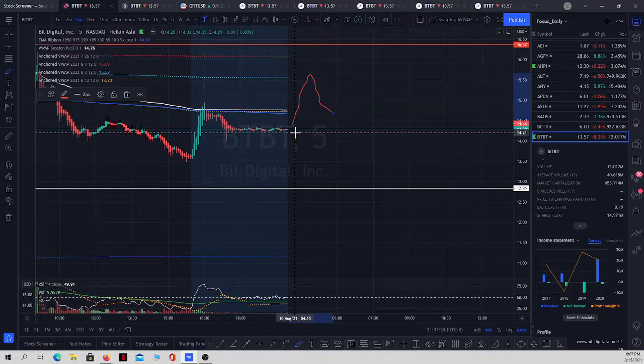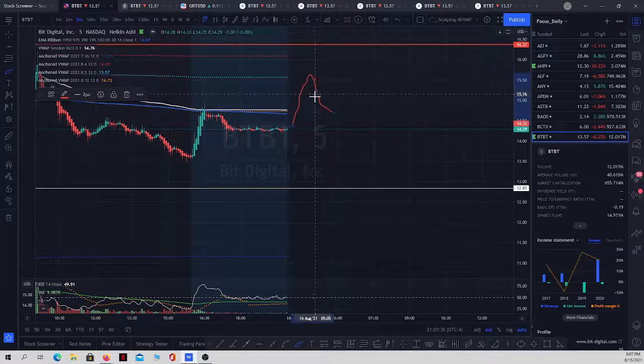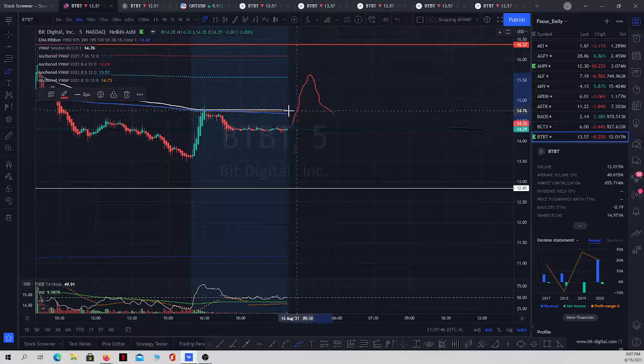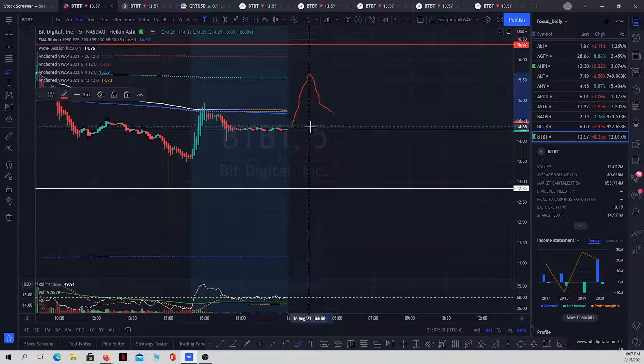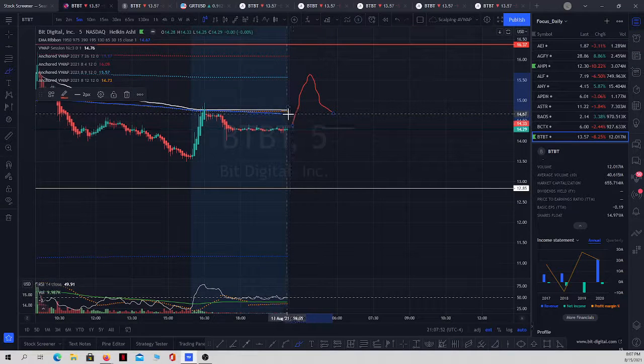But I wait until things stabilize, the first maybe 20-30 minutes. Then I'm gonna look into how the price will behave relative to your 5-day moving average and the VWAP.